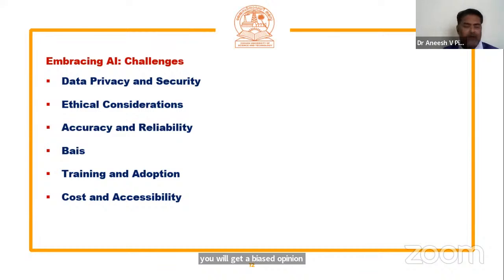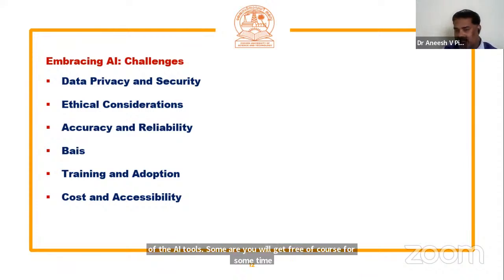Then there is no adequate training, or there is no mechanism to enforce adoption of AI tools in this type of sector. Then finally, the cost and accessibility. Nowadays, some AI tools you will get free of cost for some time, but generally they are all very costly affairs.